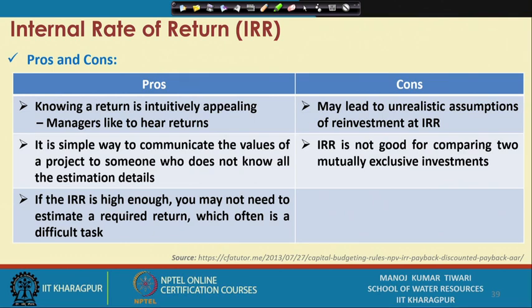If the rate of return is high enough, one may not need to estimate a required return, which often is a very difficult task. For example, in this case, in the earlier practice when we just took 20%, we saw that with 20% also we are getting a healthy around 10 crore of net present value.